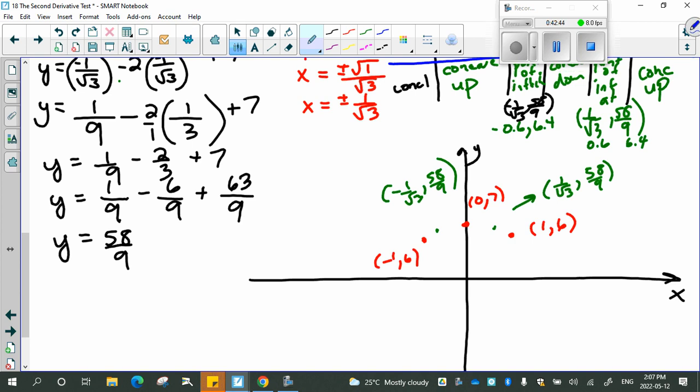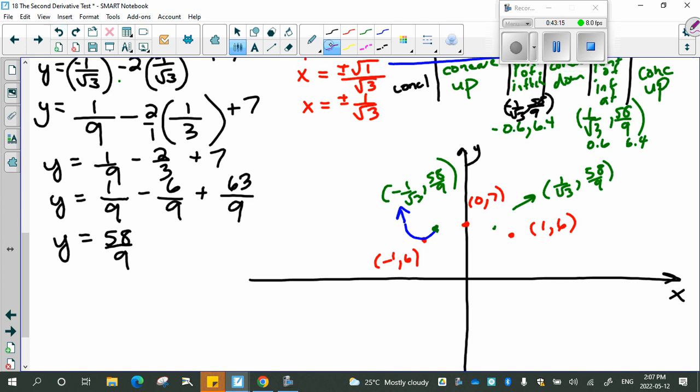So it says I'm concave up from negative infinity to negative 1 over root 3. So concave up from here on. This is an inflection point, so I'm going to change to concave down between negative 1 over root 3 and positive 1 over root 3. So I'm just going to do this in a different color. Purple. Oh, that was hard. Undo.